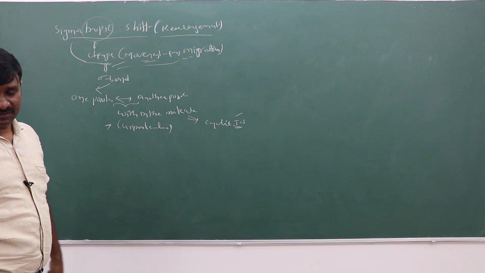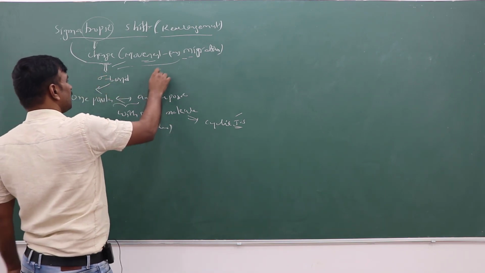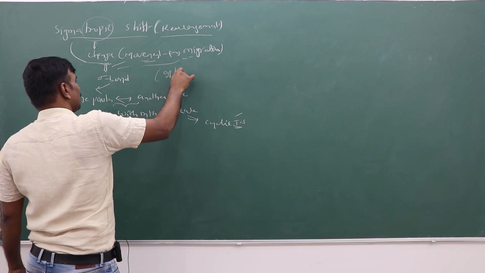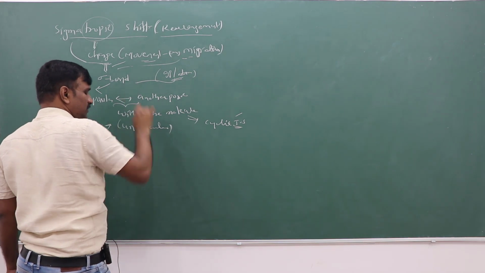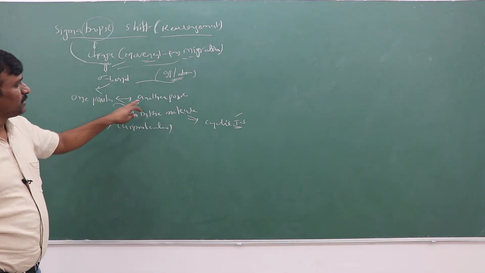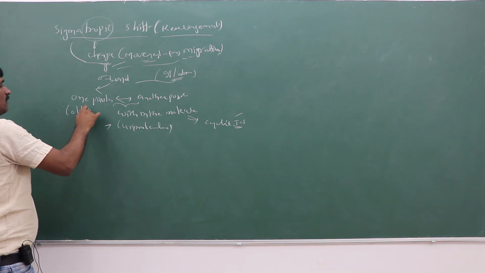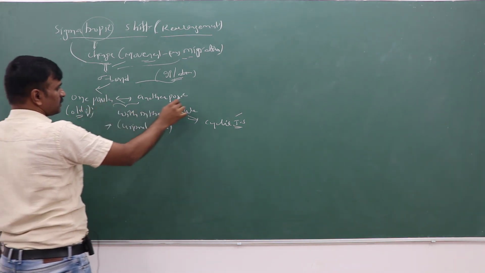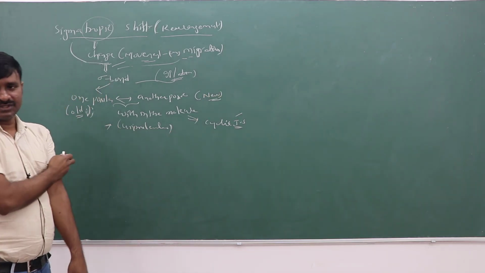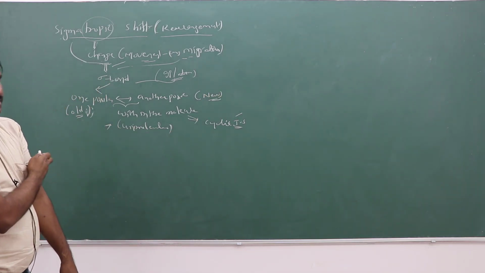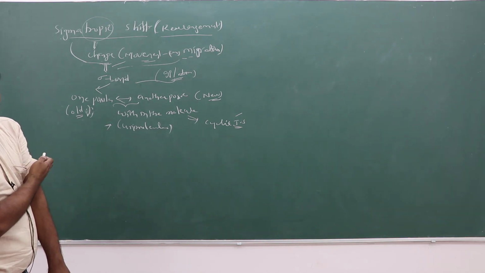Migration of sigma bond means the group or atom attached to the sigma bond migrates from the old position to the new position.